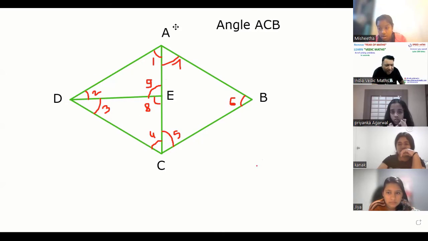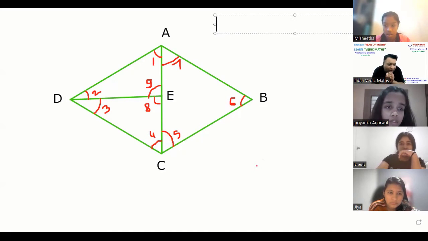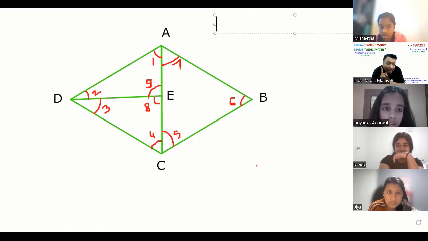We start with Mishita. Mishita, quickly tell me the name of angle 2. ADE. Good. Kanak, tell me the name of angle 1. No. Angle 1. DAE or DAC.